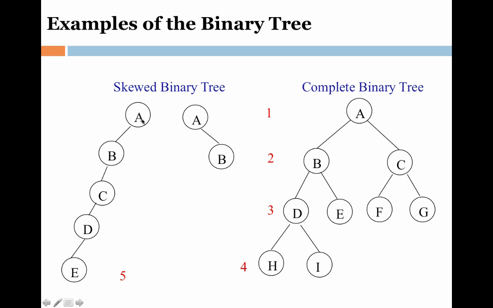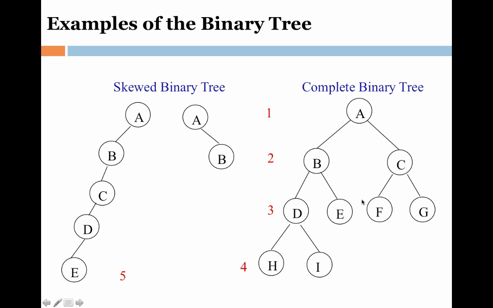So this is also a binary tree. A is the root of the binary tree. B is its left child. Right? C is the left child. D is the left child of C. E is the left child of D. In this case, a different skewed binary tree. A is the parent of B and B is the right child of A.